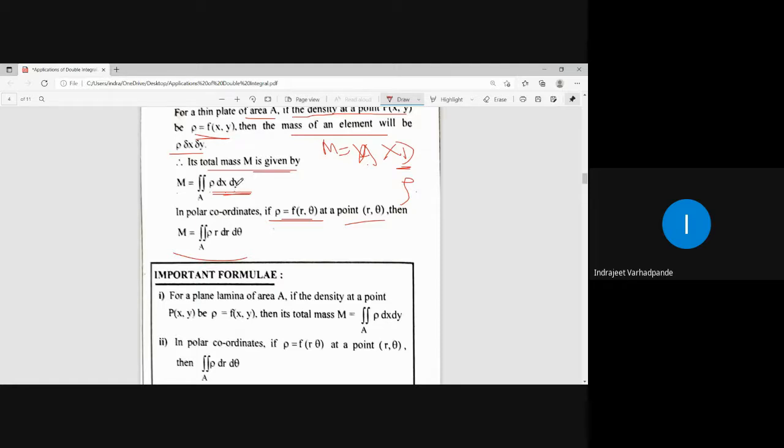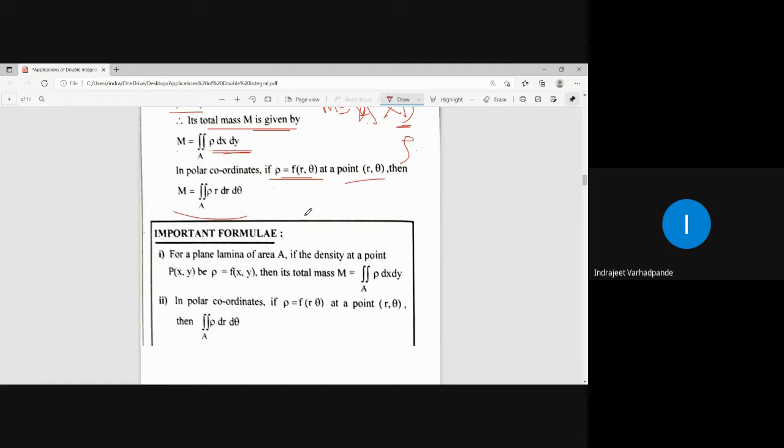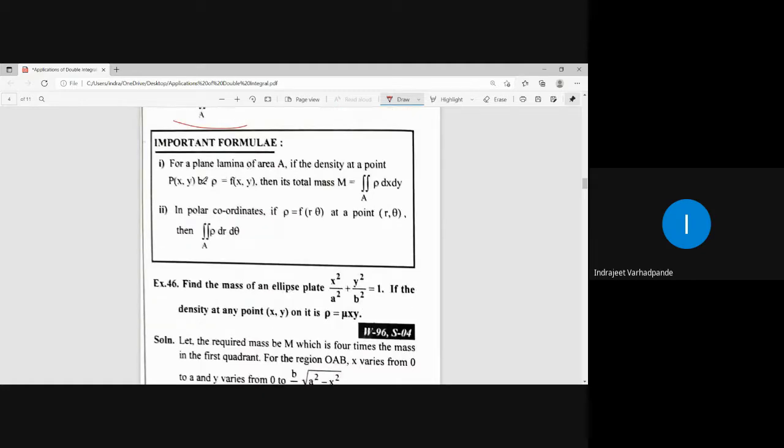In case of polar coordinates, it is rho r dr d theta. So this is the important formula for a plane lamina of area A.